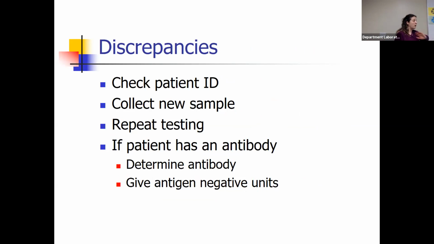All right, you can always request a redraw. Repeat your testing. Make sure you're using the right red cells, the right plasma. Make sure you didn't mix up samples from different patients if you have multiple patients in your rack. And if your patient has an antibody, you must confirm that antibody, and we want to give antigen negative units.